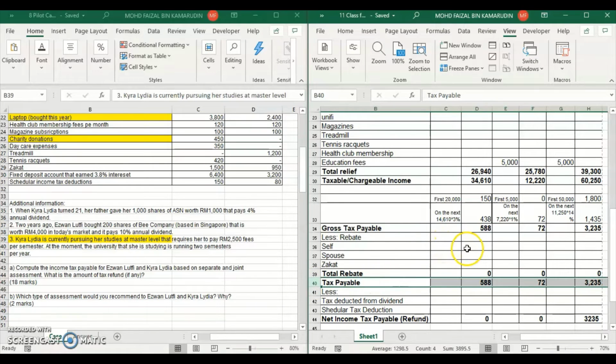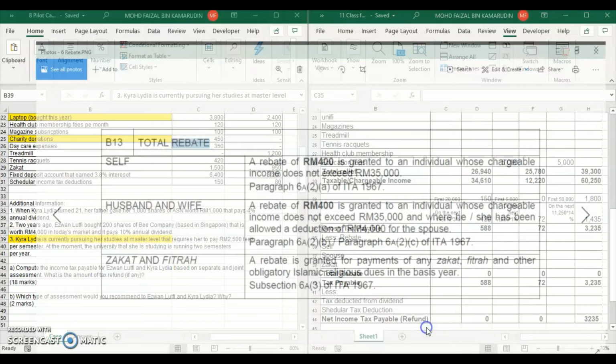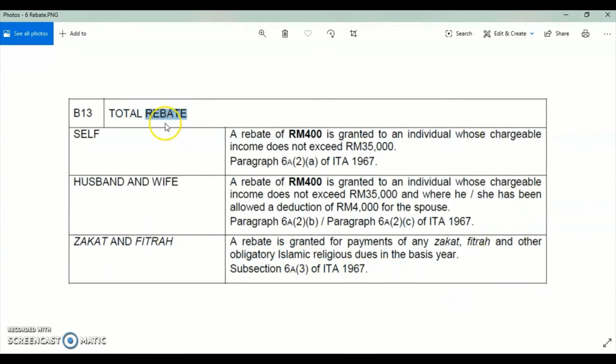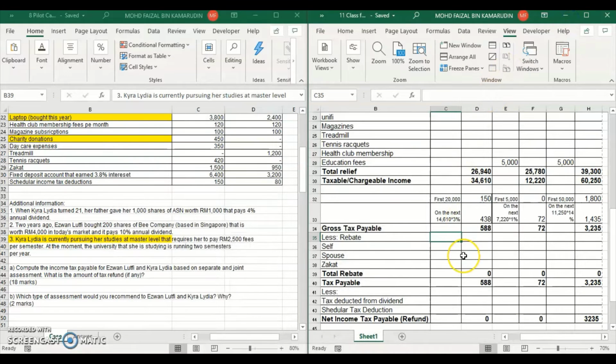So we have to calculate whether they are entitled for rebate, if any. Then self rebate. Let's check whether he is entitled for the rebates or not. How do you know? Those whose chargeable income does not exceed 35,000 will be entitled for 400 ringgit rebate.